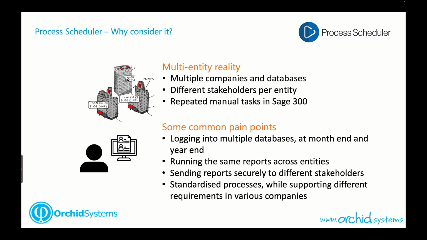You want to have some standardized processes while at the same time supporting some different requirements in different companies. In our example, we saw that only users in the company OA team were using Teamwork. Maybe they were just running a pilot and they're going to bring it into all the other companies. But you have the flexibility to do what you want.